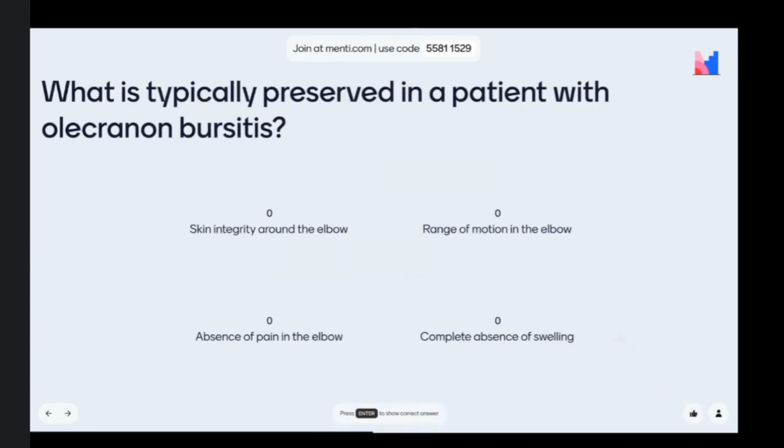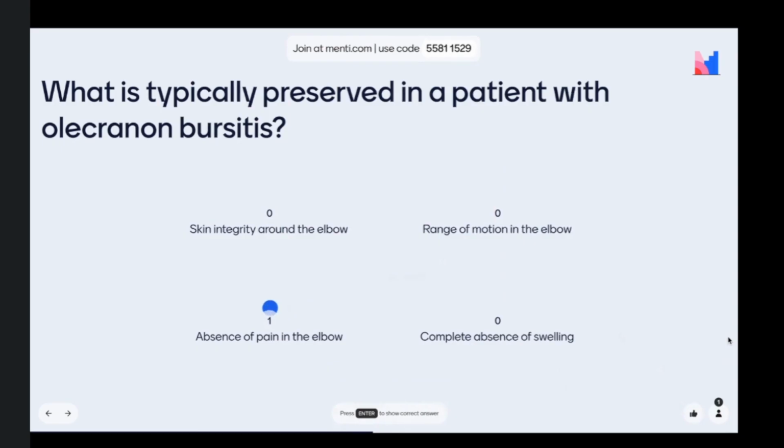So now our next question. What is typically preserved in a patient with olecranon bursitis? Is it the skin integrity around the elbow? Is it the range of motion in the elbow? Is it the absence of pain in the elbow? Is it the complete absence of swelling?